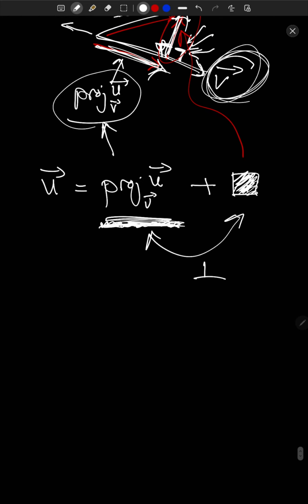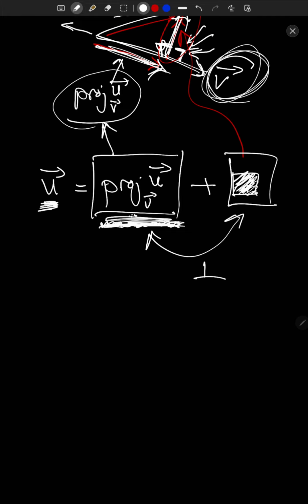So not only does this projection allow me to write u as something in the same direction as v, but also plus something which is perpendicular to the first term. In math, we always like to break a complicated thing down, for example u, into a simpler piece, perhaps this projection. I say it's simpler because it's expressed in terms of v, which typically has some meaning.